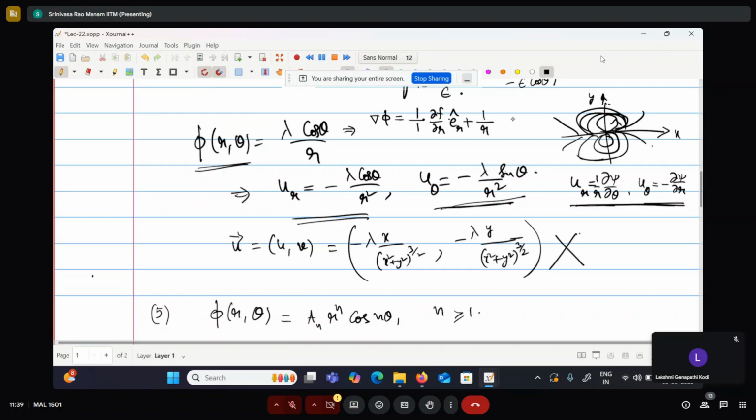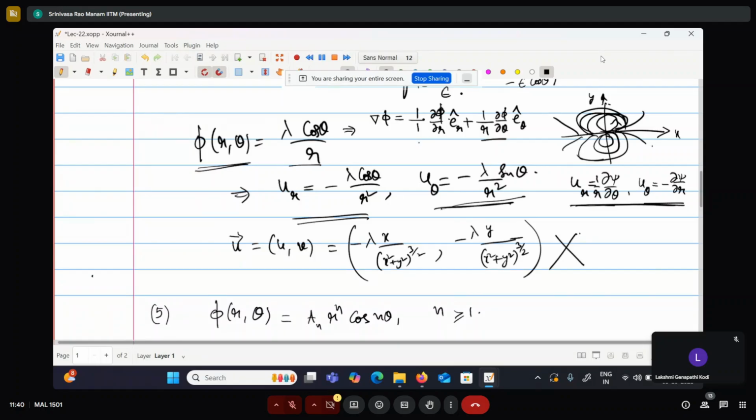The e theta component is 1 by hv, v is theta here. 1 by h theta is 1 by r, and dou phi by dou theta. Phi is this, I mean this is not f, this is phi. So dou phi by dou r equal to u, and 1 by r dou phi by dou theta equal to v.